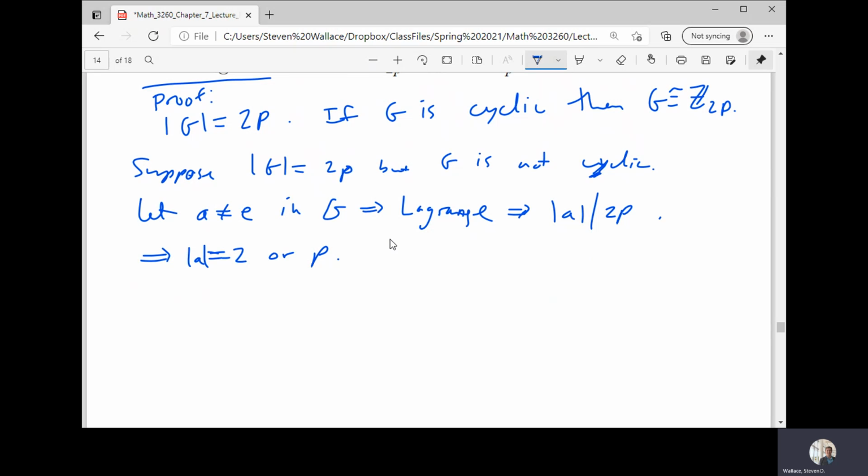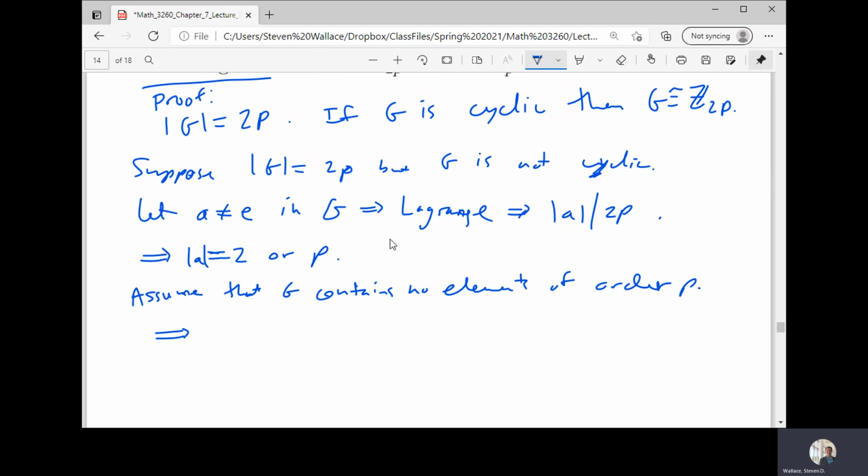So assume that G contains no elements of order p.